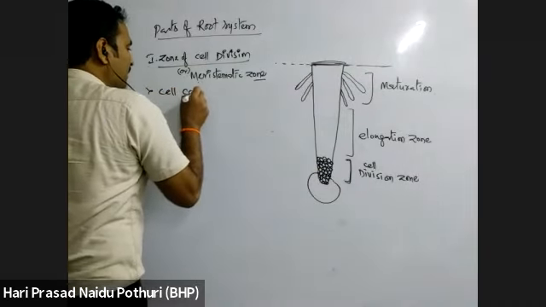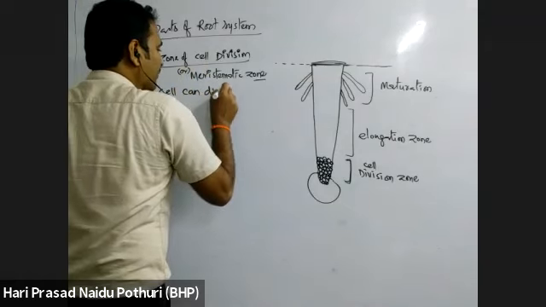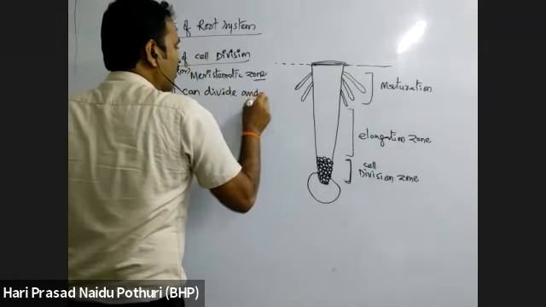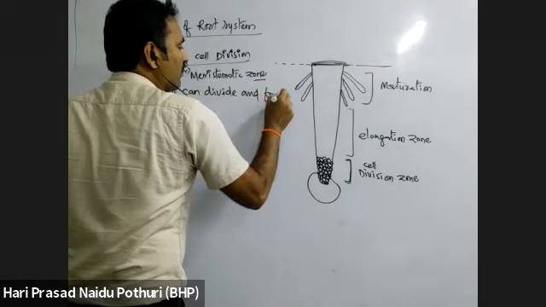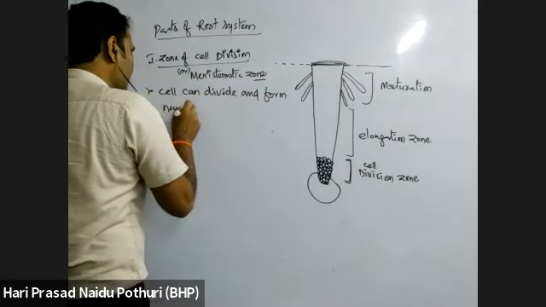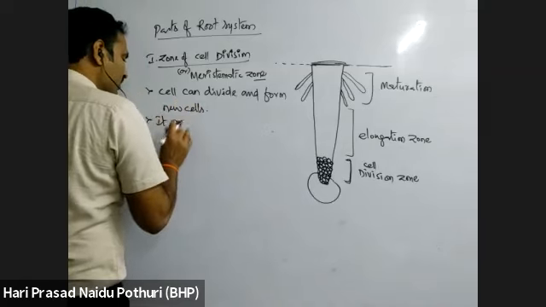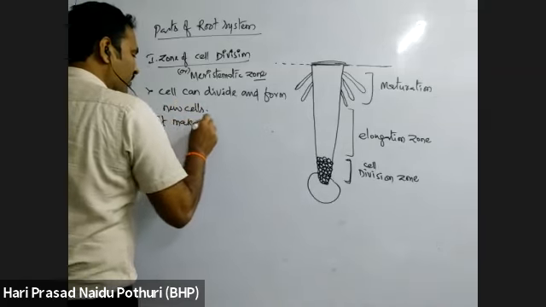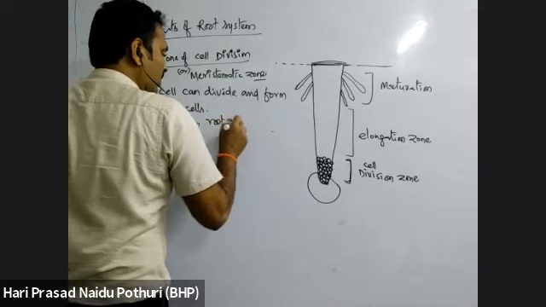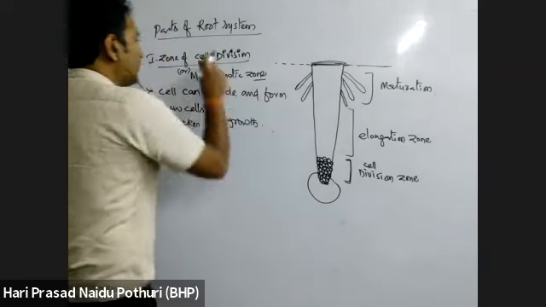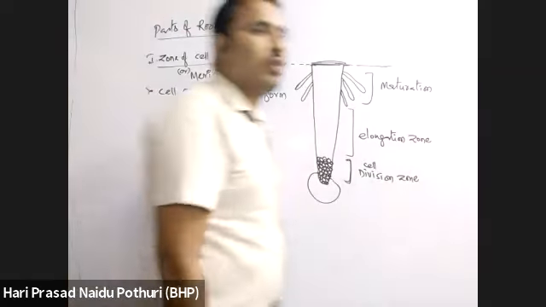Cells can divide and form new cells. New cells make root growth. Growth of the root is carried out at the zone of cell division.